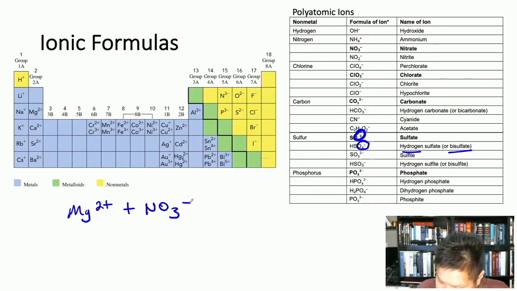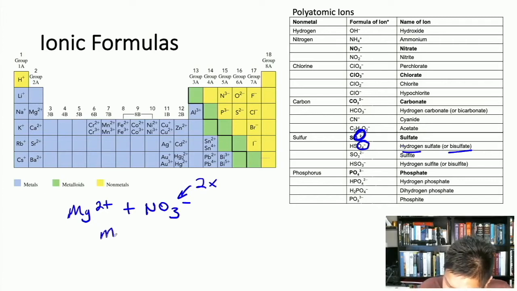So how do I make it so that this is a balanced formula, where the anion balances out the charge of the cation and vice versa? Well, if nitrate is a -1 charge, then I need 2 of these to balance out the +2 charge of magnesium.